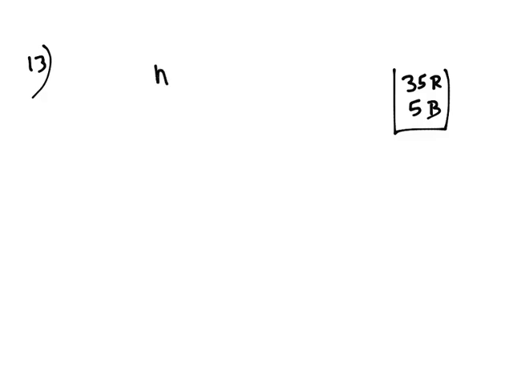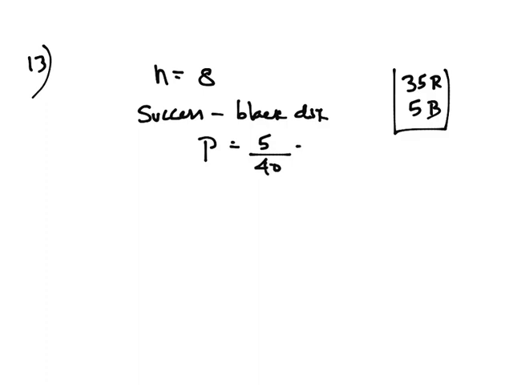So number of trials here is 8, because 8 such selections. I'll take success as getting a black disc. So that means P is 5 by 40, which is nothing but 1 upon 8. And I need to find probability of getting exactly one black disc. So P of x equal to 1.